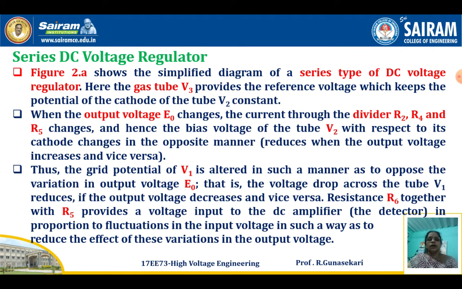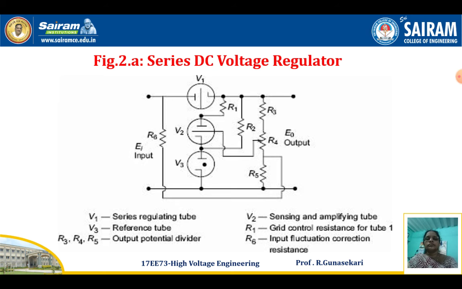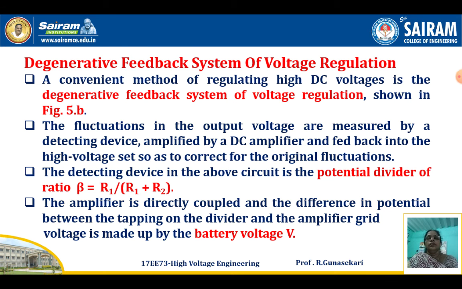The resistance R6 with R5 provides a voltage input to the DC amplifier, that is the detector, in proportion to fluctuation in the input voltage, so as to reduce the effect of these variations in the output voltage. So this is the theory explanation of the series DC voltage regulator.